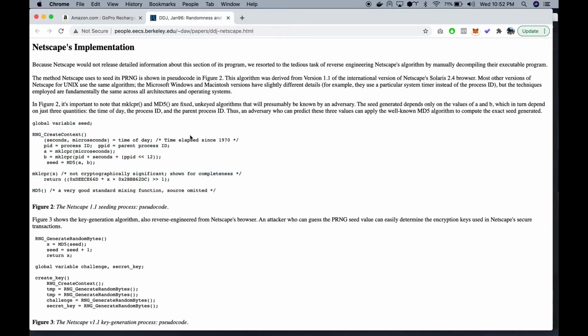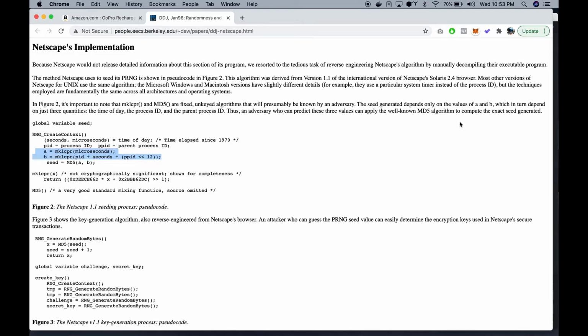There was a cryptographic function that would generate a 128-bit seed. But since this function and MD5 are fixed unkeyed algorithms that everybody can use, the seed generation depends only on the values of A and B.